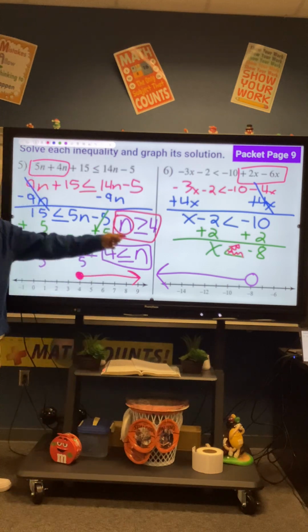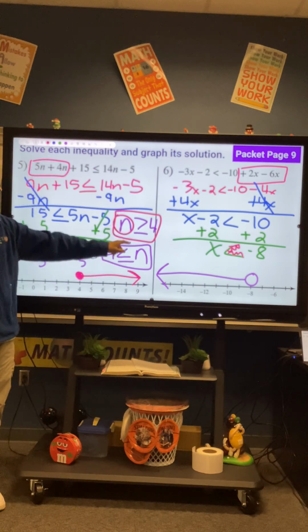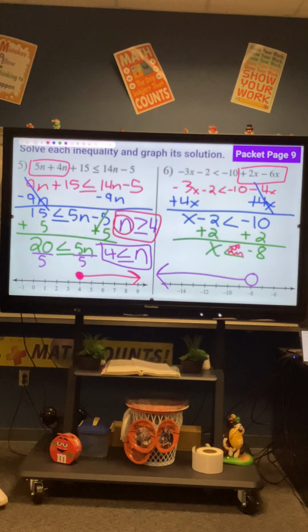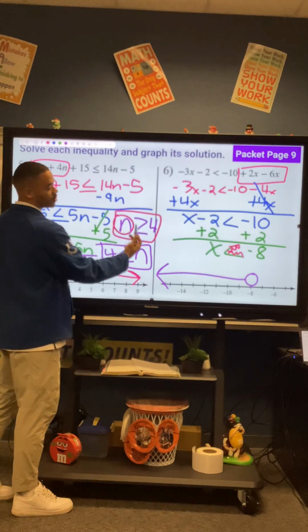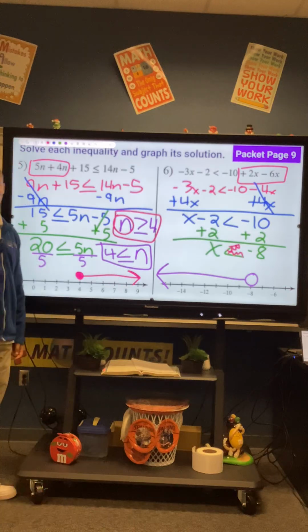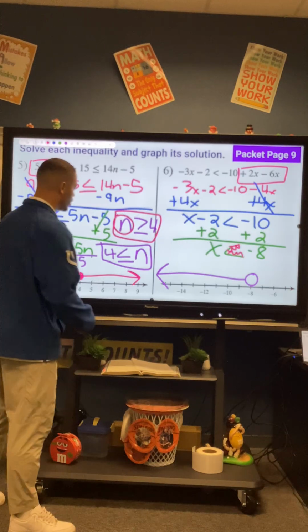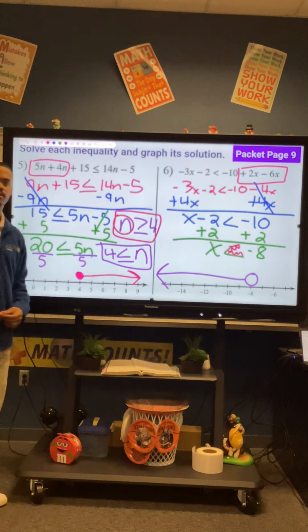So that's why my n is first. My final answer is n is greater than or equal to 4. So that's what you asked about. That's what he's trying to explain to you, honey. Okay, I get it.